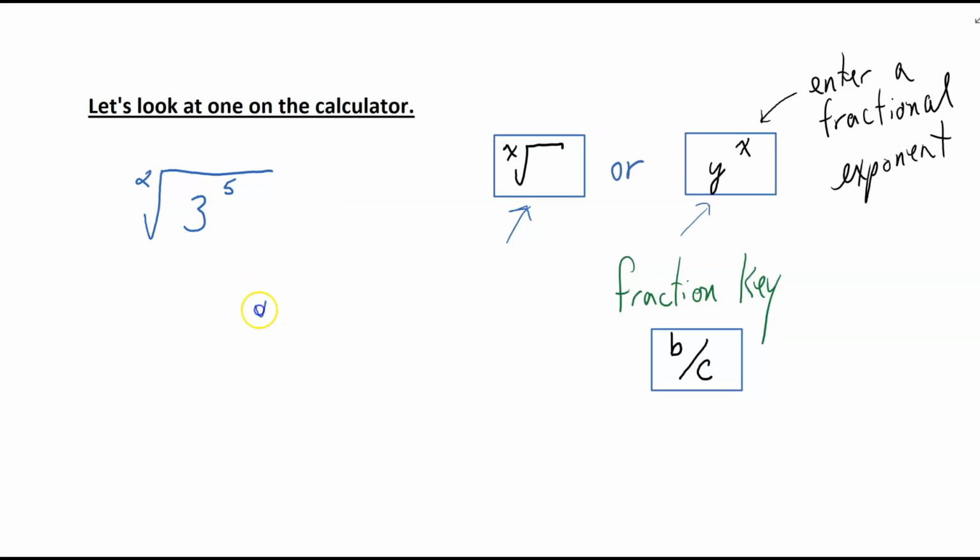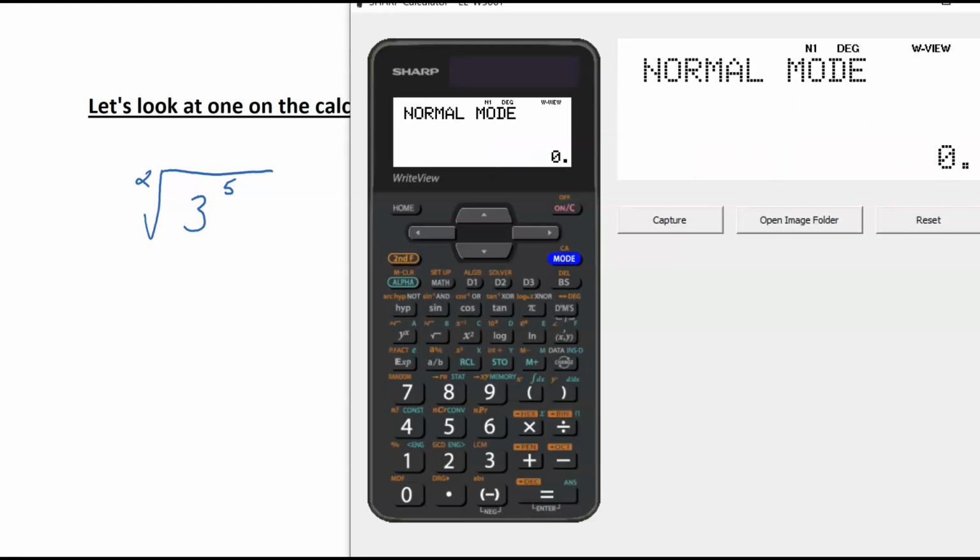And on this calculator, and every time I touch my screen, the calculator goes away. So on this calculator, we need to put the index in first. So we'll tell it it's an index of 2. Then I will use the xth root key, but for the orange function above the y to the x, I have to hit the second function key and then that.